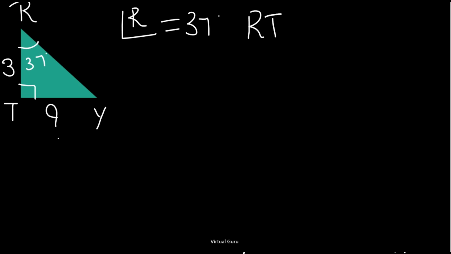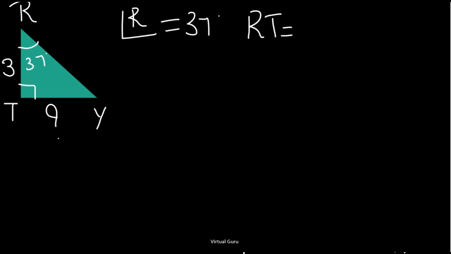Going back to our third problem, it is already given a triangle RTY, and we have to find the side TY. This will be the side which we have to find. And step 1 is knowing what is given, that is angle R is given as 37 degrees. RT is given.